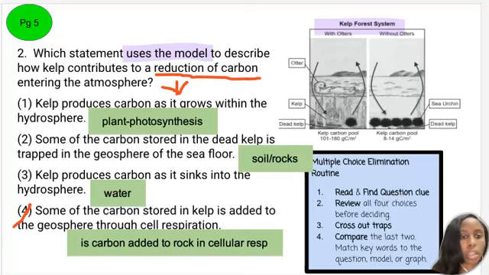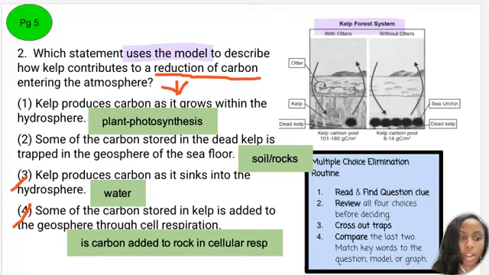The next one that I think I want to cross out is choice number 3. Choice number 3 says kelp produces carbon as it sinks. Now, we know that kelp is a plant and it does photosynthesis. So plants use carbon dioxide, but they just don't make carbon.